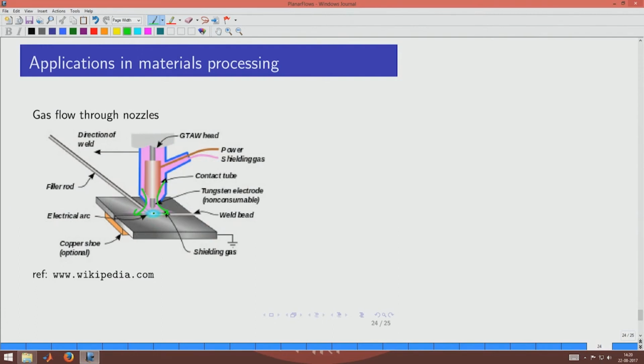So, the way the gas is coming out of this nozzle can also be described using a source flow. So, in situations where we are unable to solve equations to arrive at the flow field as a function of x and y distances, if you want some approximation, then you could use elementary planar flow fields to make those approximations, and then go ahead and make some estimates as a very first measure of how this flow is happening.